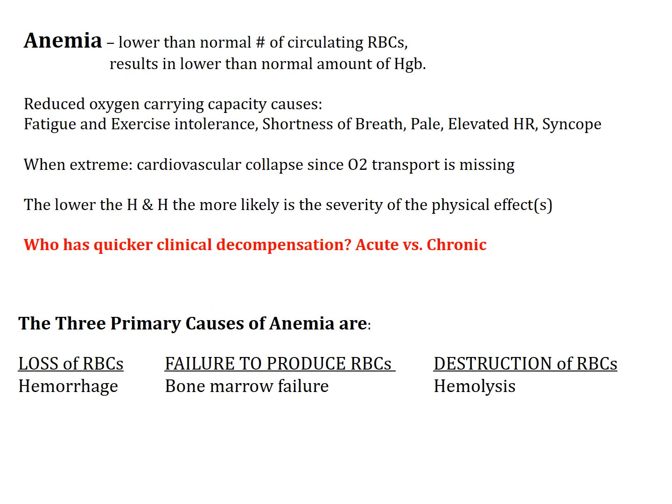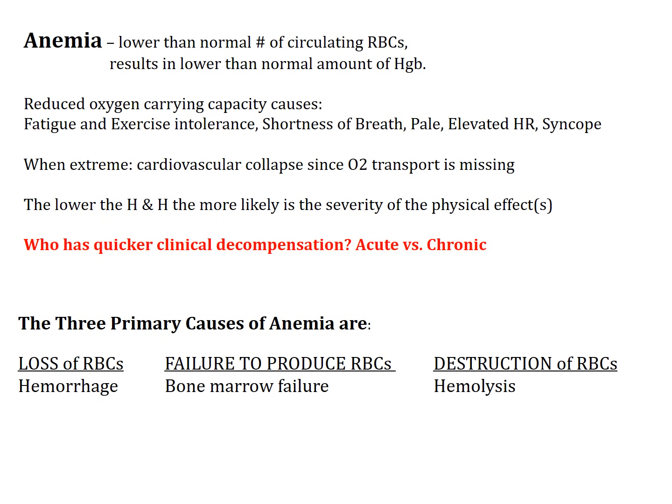Okay, anemia is a lower than normal number of circulating red blood cells that results in a lower value of your H and H, hematocrit and hemoglobin. Red blood cells are our oxygen carrying cells, so therefore individuals who develop anemia develop signs and symptoms due to a lack of circulating oxygen.